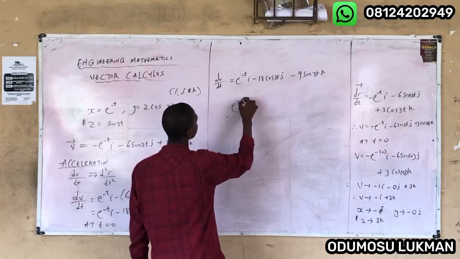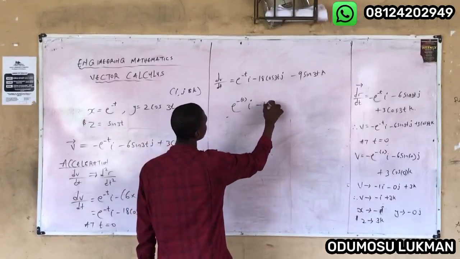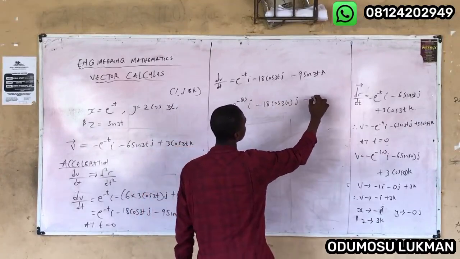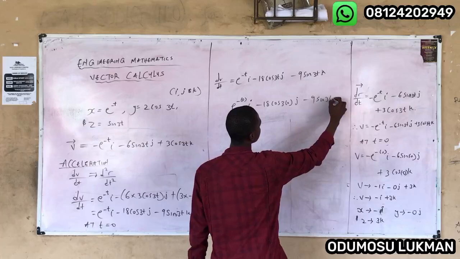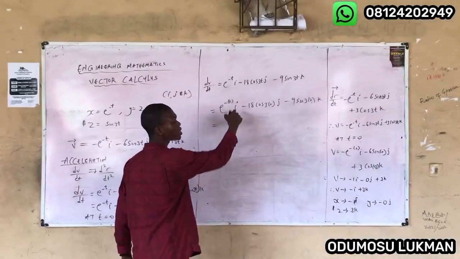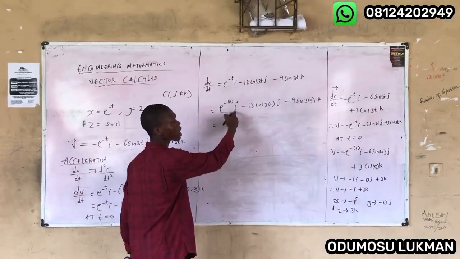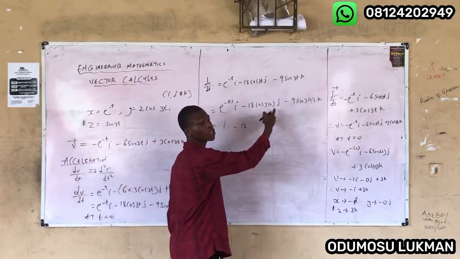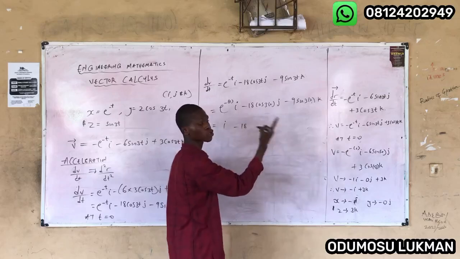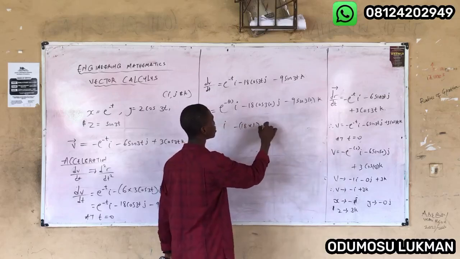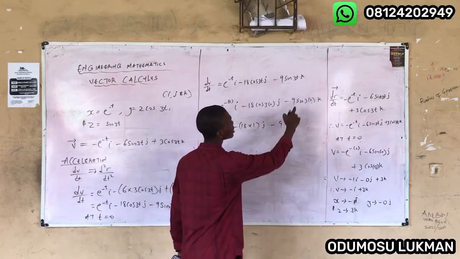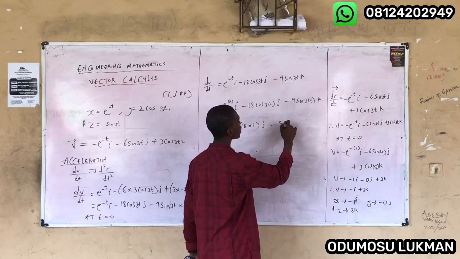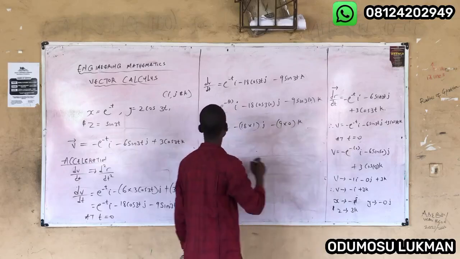The exponential will give us 1, and 1 times i is still i. Minus 18, 3 times 0 is 0, cos 0 is 1, times 1. Minus 9, 3 times 0 is 0, sine 0 is 0, 9 times 0.